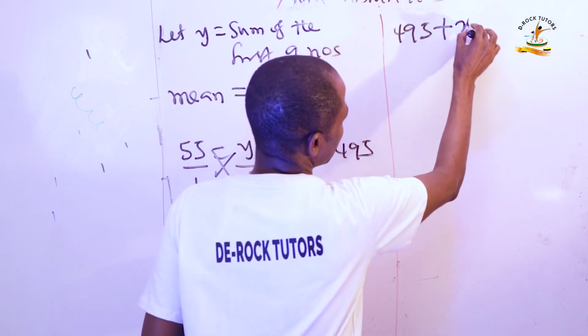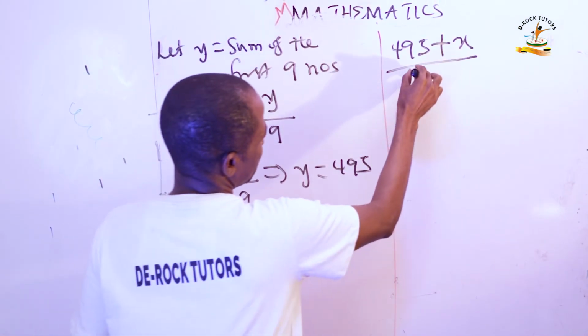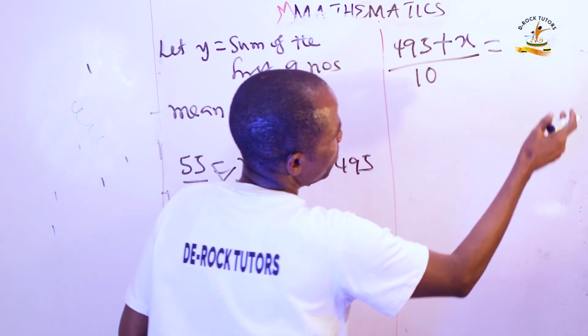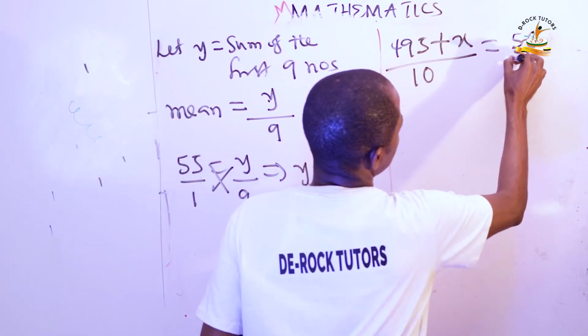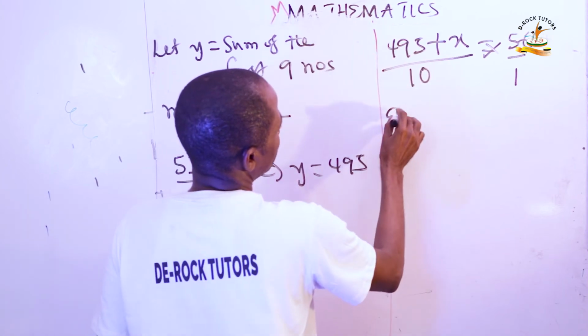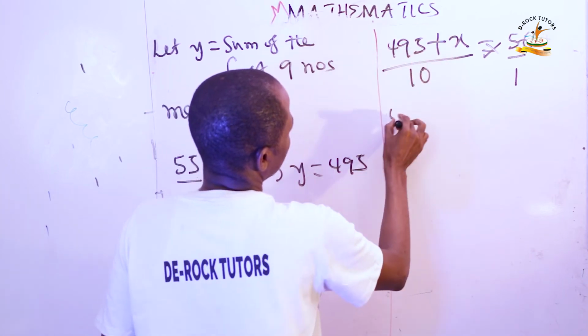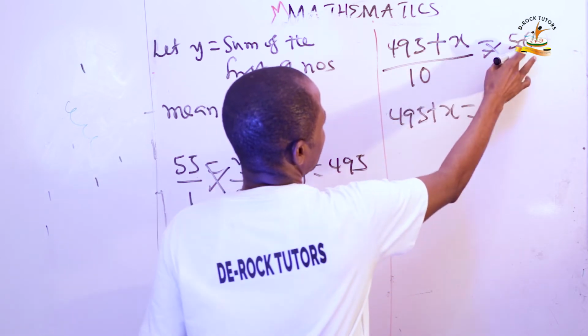Now, if you represent the 10th number by x, all over 10, that is equal to the mean of the 10 numbers, which is 56 all over 1. We can cross multiply. That will give us 495 plus x is equal to 10 times 56.